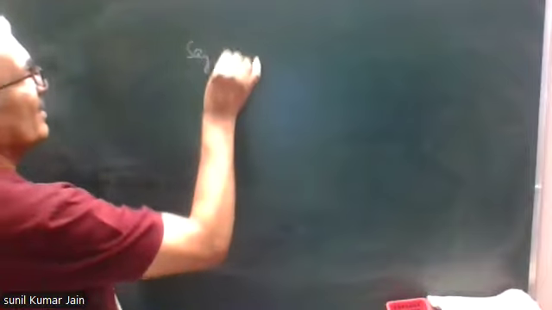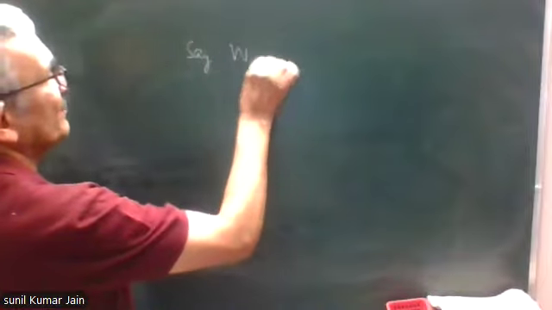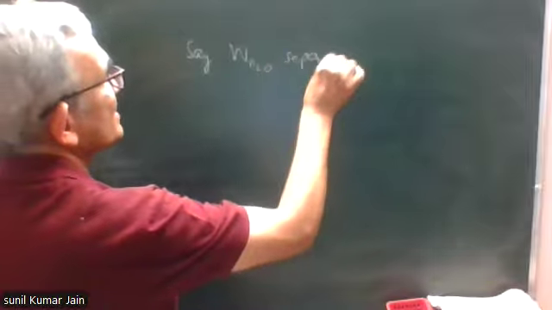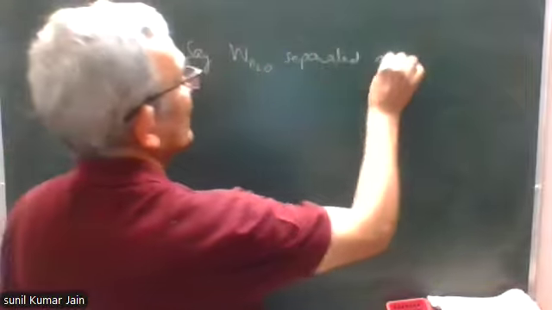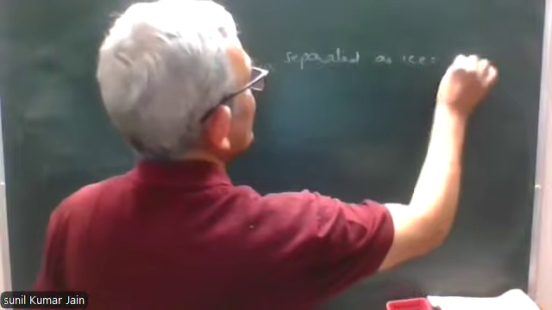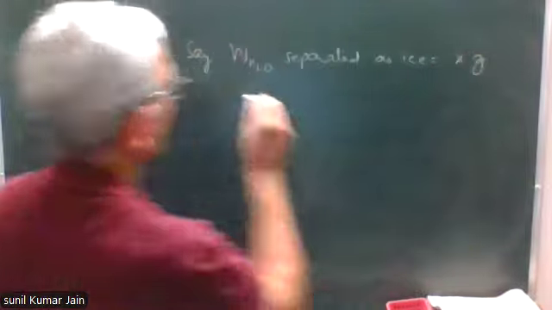Now we solve the numerical. Say the weight of water separated as ice is equal to X gram.